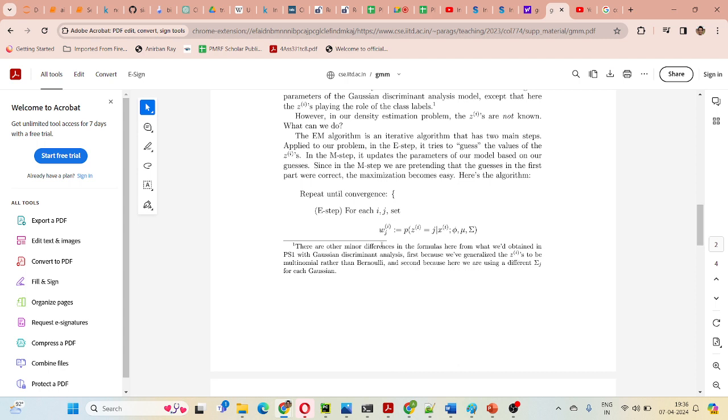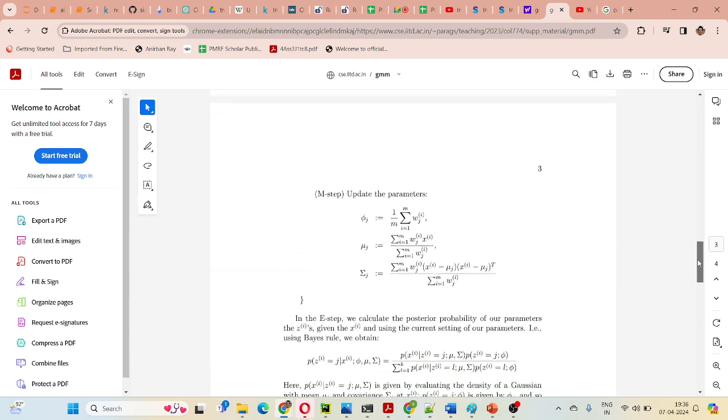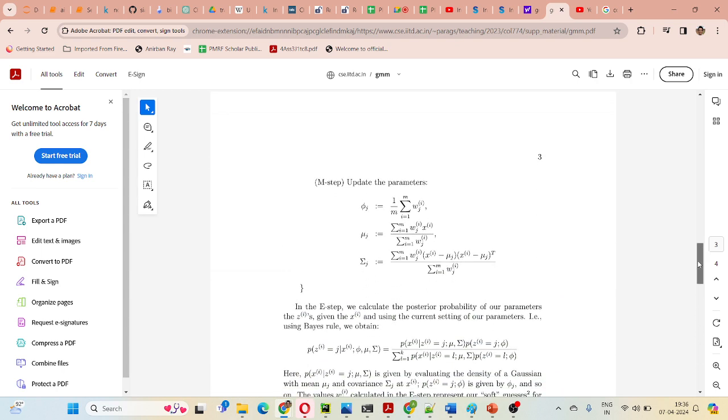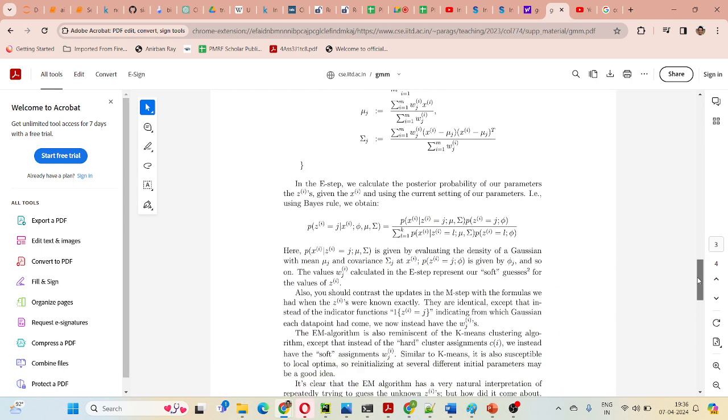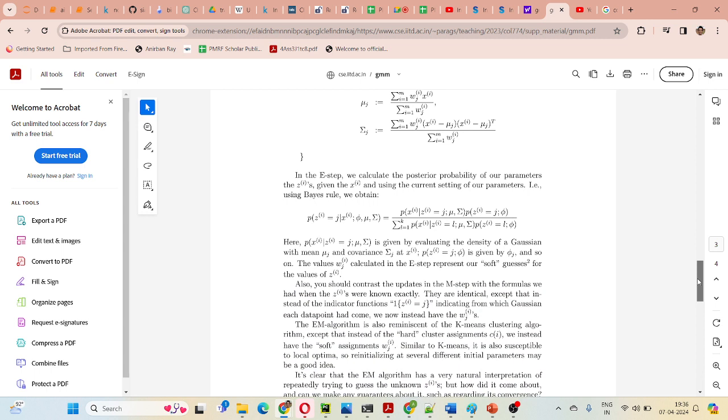So they update these parameters according to the likelihood, and this is the one we have seen before: the posterior of xi with respect to z, from Bayes rule.